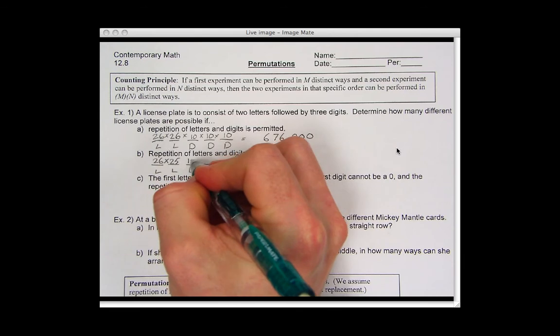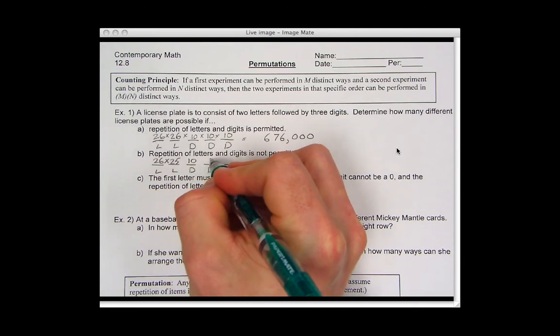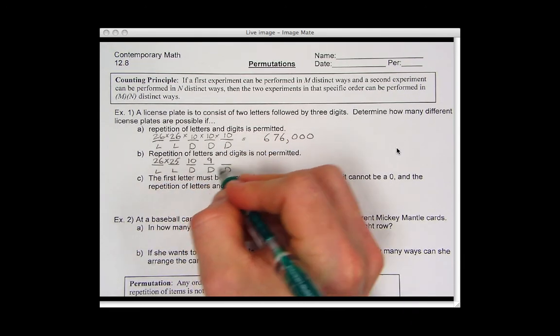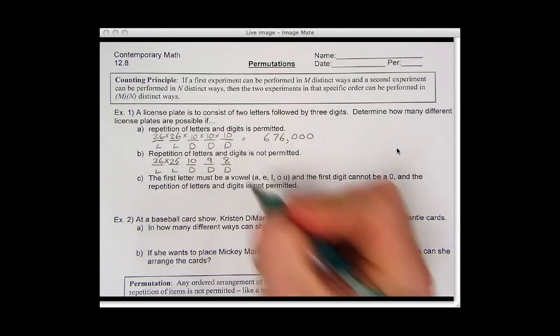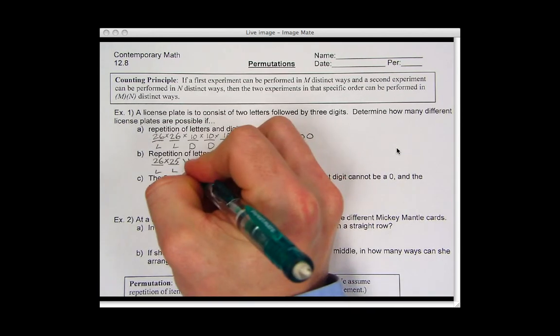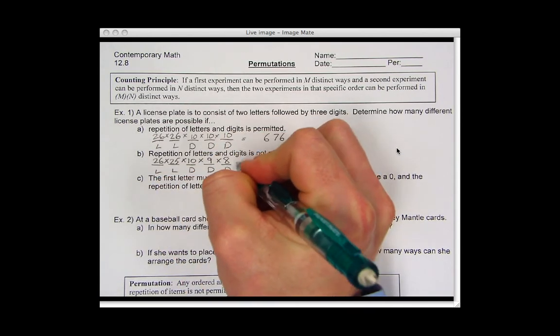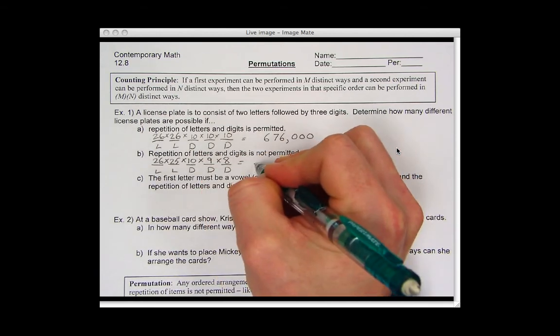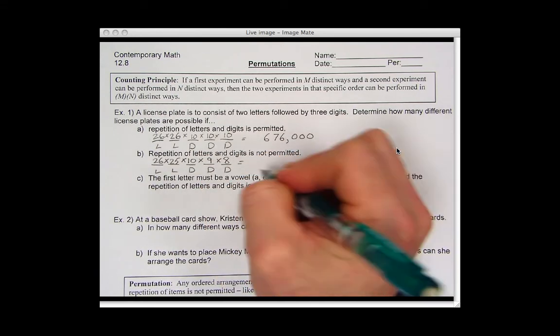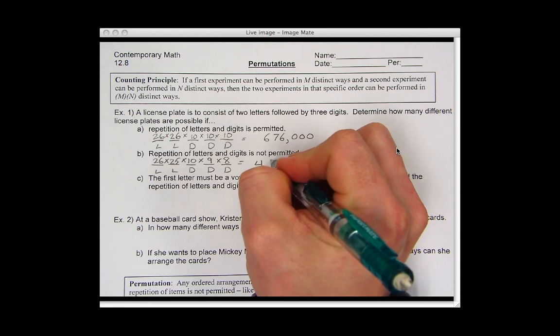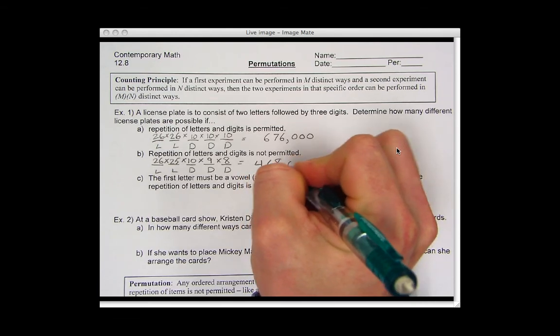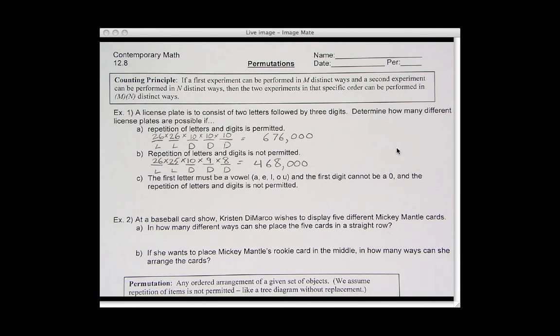For the digits, we start with 10 digits, and we use 1, so it goes down to 9, and then we use another one, so the possibilities go down to 8. And so again, we want to multiply all these together. And as can be expected, we're going to have fewer possibilities this time. 468,000 license plates.